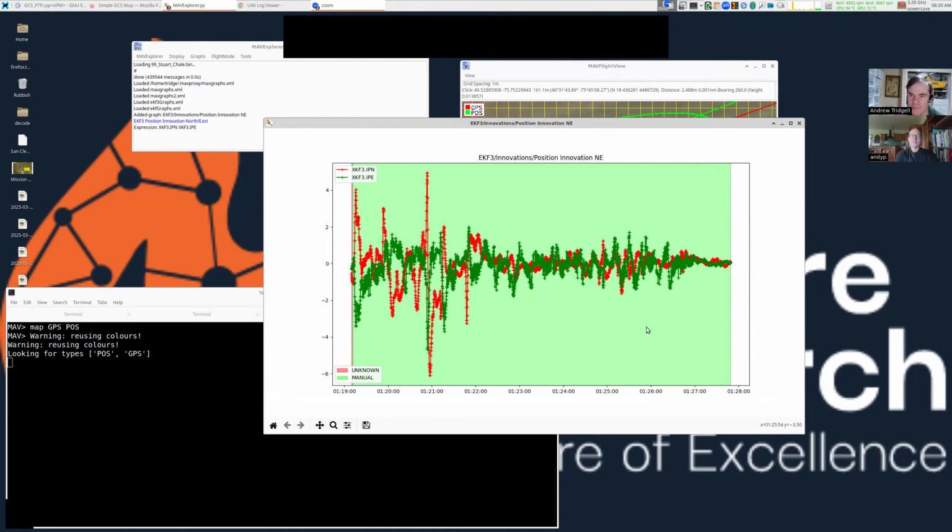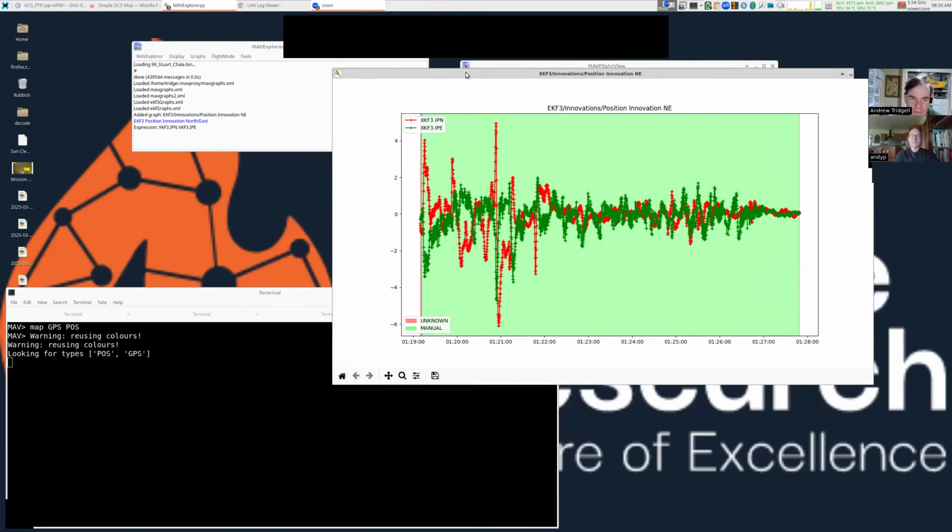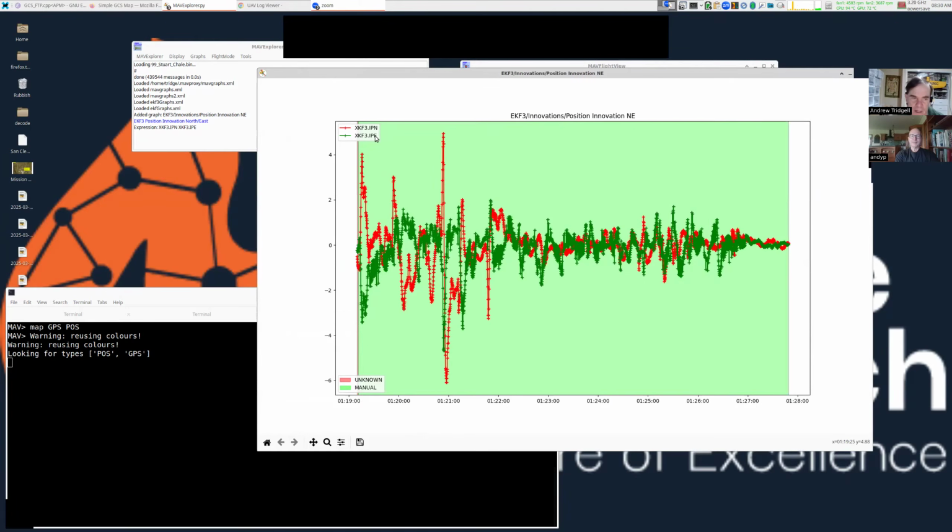So ArduPilot, with all of its sensors, is able to predict the future. And this graph here is the difference, these IPN and IPE, the innovation position north and innovation position east, which is the difference between the prediction and the observation from the GPS.